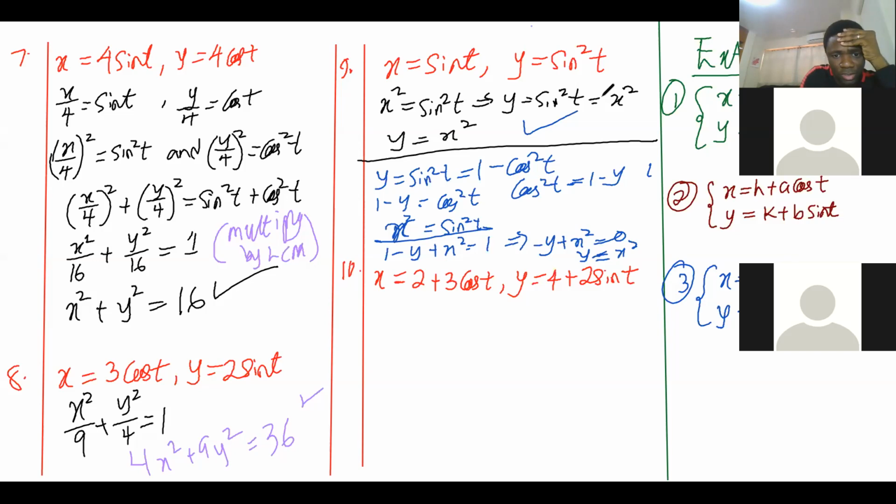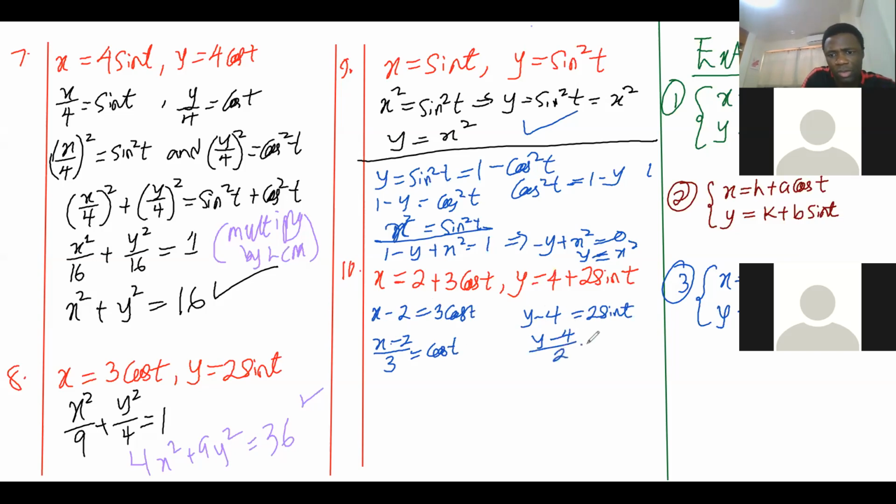And for this, from here, x minus 2 equals 3 cos t. So x minus 2 divided by 3 equals cos t. From here, y minus 4 equals 2 sine t. So y minus 4 divided by 2 equals sine t. We square both sides and add.